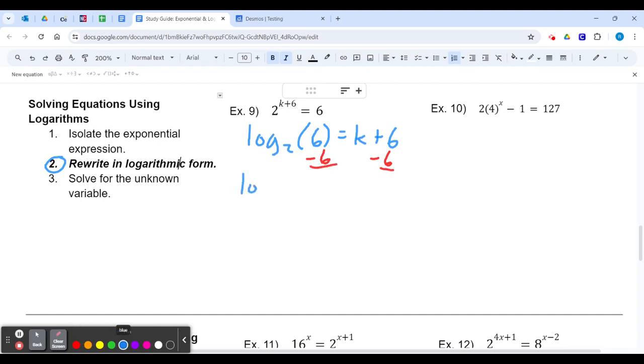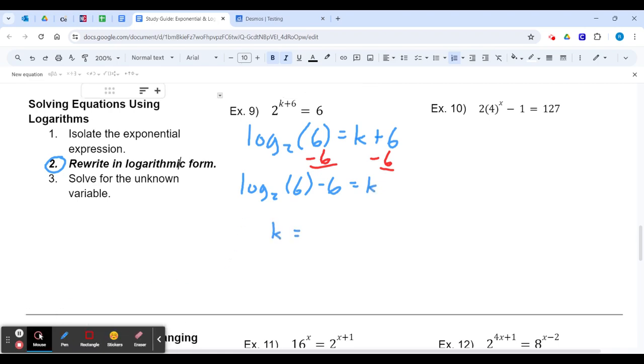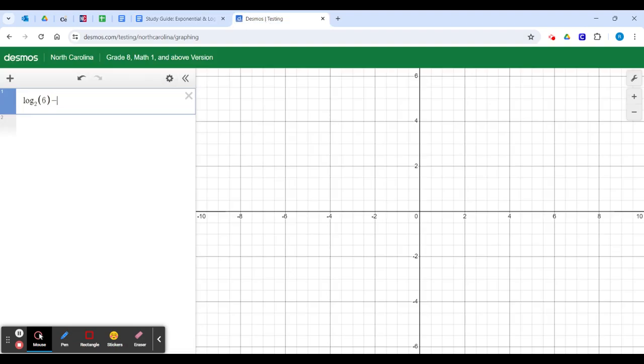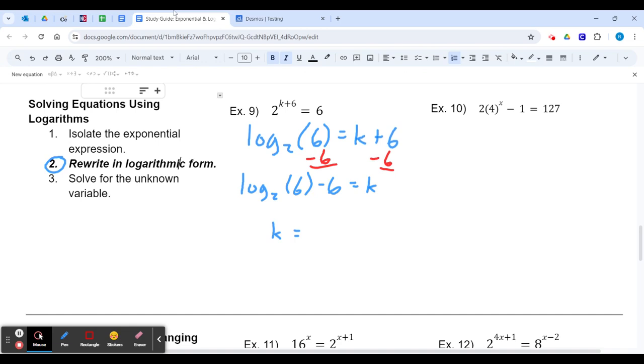And in this case, we have log base 2 of 6, and then we subtract that 6. Whatever that answer is, that's going to be what k is equal to. So if I plug that in, my log base 2 of 6 minus 6 will get negative 3.42, and that will be our answer there. We can save that rounding until the very, very end.